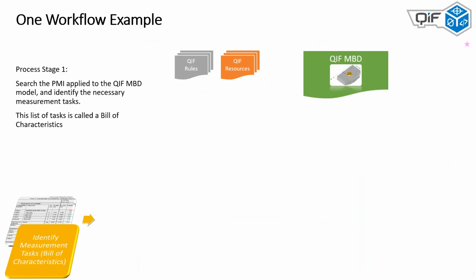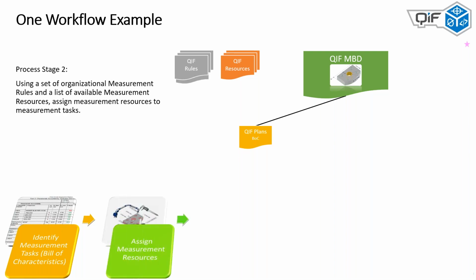Next, I wanted to share with you a workflow example. The workflow example starts off with a QIF MBD. Based on that, somebody will look at that and pull out all the PMI that needs to be inspected, or your measurement scope. So now you have QIF plans with your bill of characteristics.